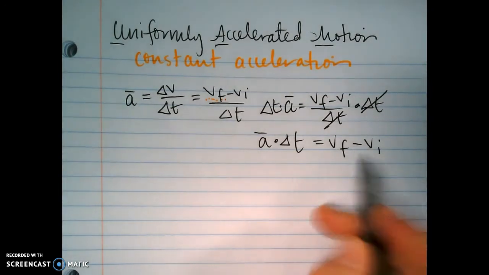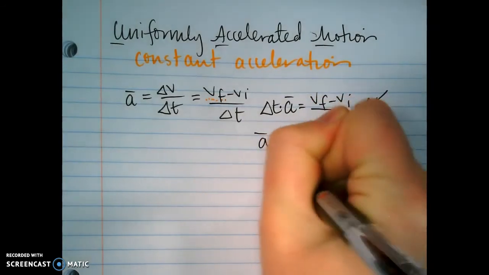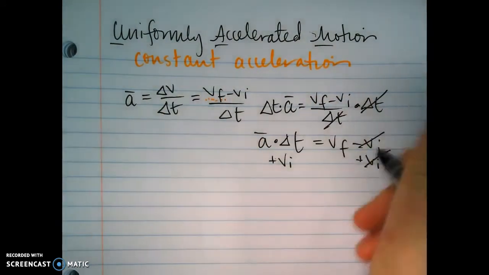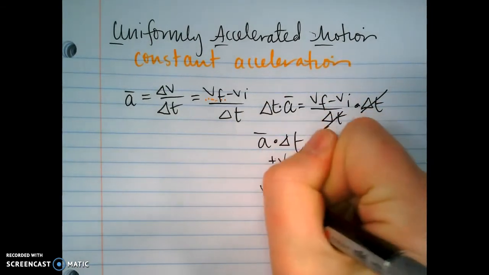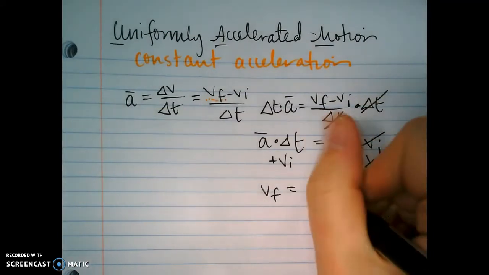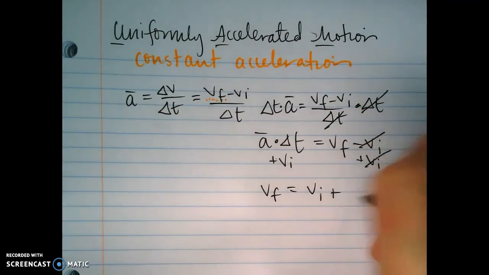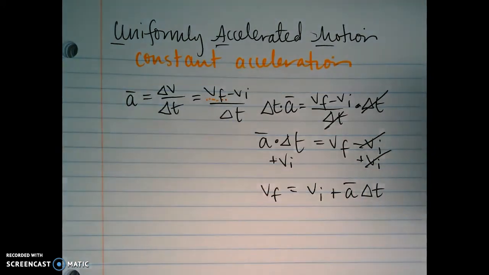Again, I want to solve for final velocity, so I'm going to add initial velocity to each side. Then I'm going to flip it, because I like to have my expression read from left to right. Final velocity is equal to initial velocity plus acceleration times my time interval. That is our first equation.